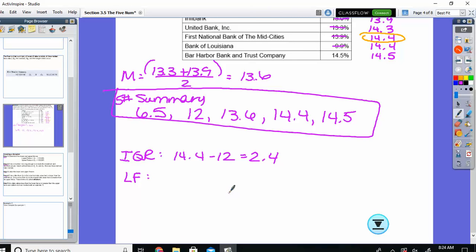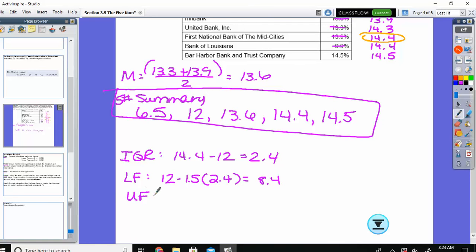So lower fence, if you look at your formula sheet, it's quartile 1, which is 12, minus 1.5 times the IQR, which is 2.4. And we get 8.4.